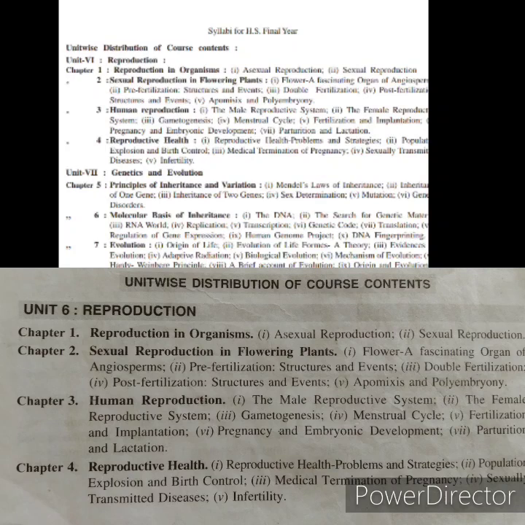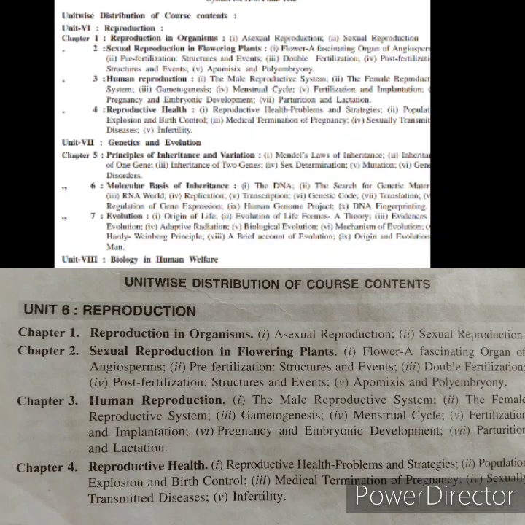It is just an overview of whole organisms, and the basic idea of reproduction is here. So this chapter is all about reproduction in organisms. In your next chapters, you will get a detailed study of animal reproduction and plant reproduction. It is just a brush up of different ideas of reproduction.